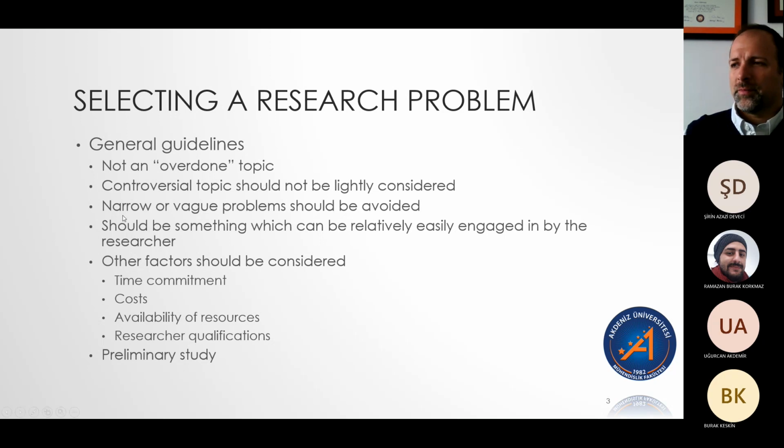Okay. Narrow or vague problems. So vague problems, we want to come up with a solution for world hunger. Right. That's kind of vague. You're not really defining the boundaries well, right?